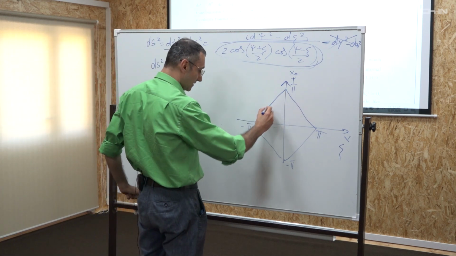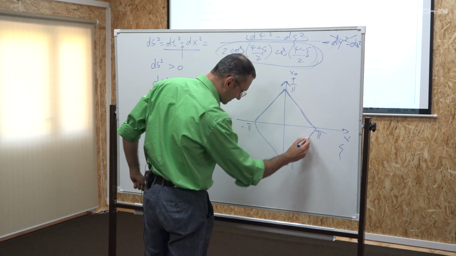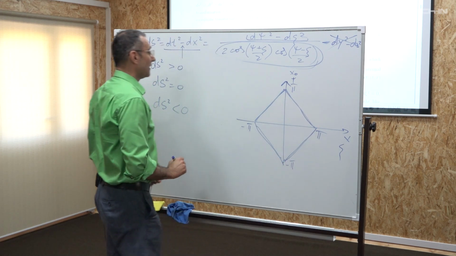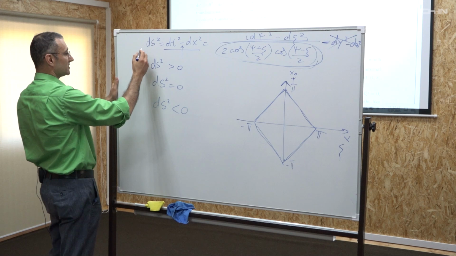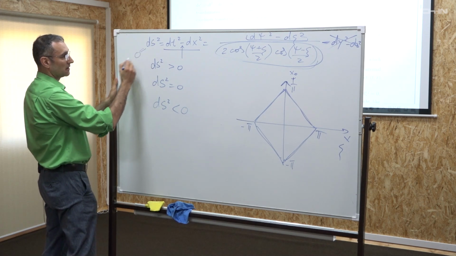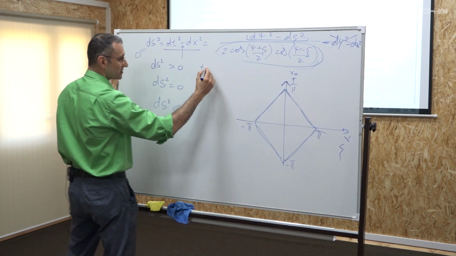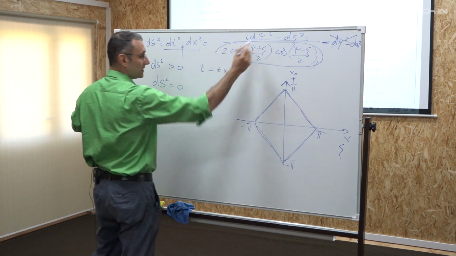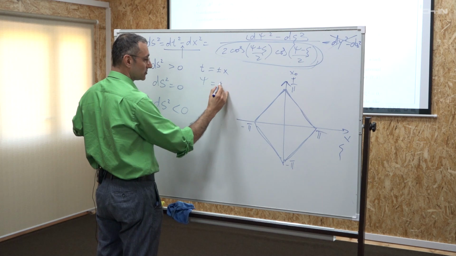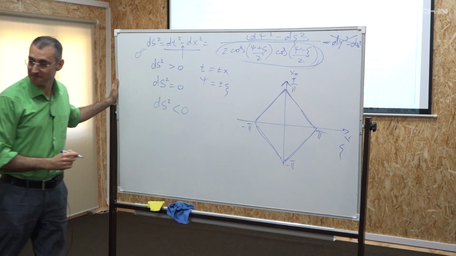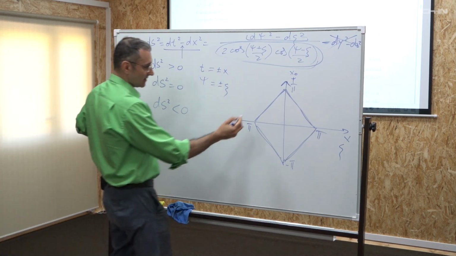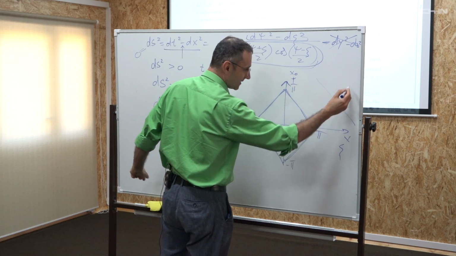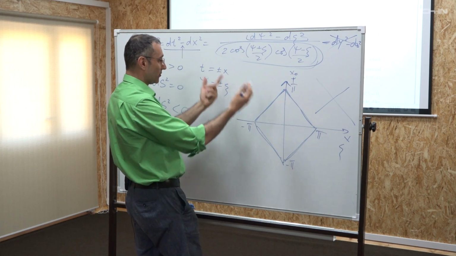So these are light-like. Let me just stress one thing. When ds squared is equal to 0, that corresponds to the situation that t is equal to plus or minus x. And immediately it also corresponds to psi equal to plus or minus xi. So light rays were straight lines at the beginning, before the map.